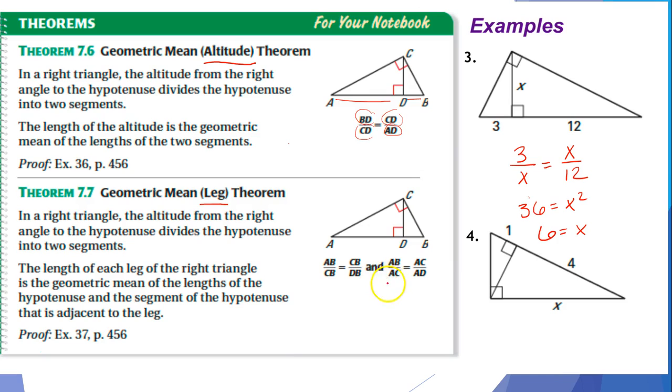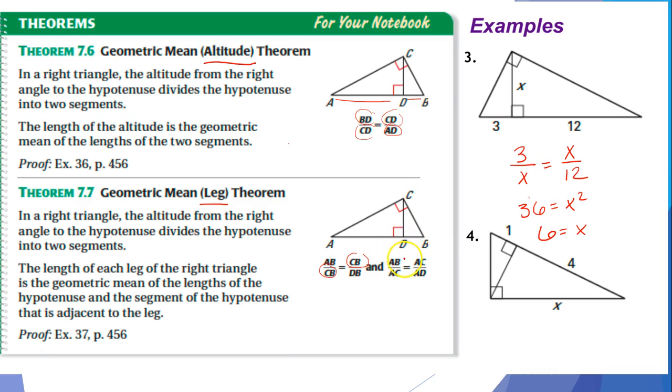So how we do that is, notice in this right triangle, we have CB here and CB here. So CB is the leg usually that we are trying to find. And then we will be given AB and DB. So the whole length AB and the smaller length DB.